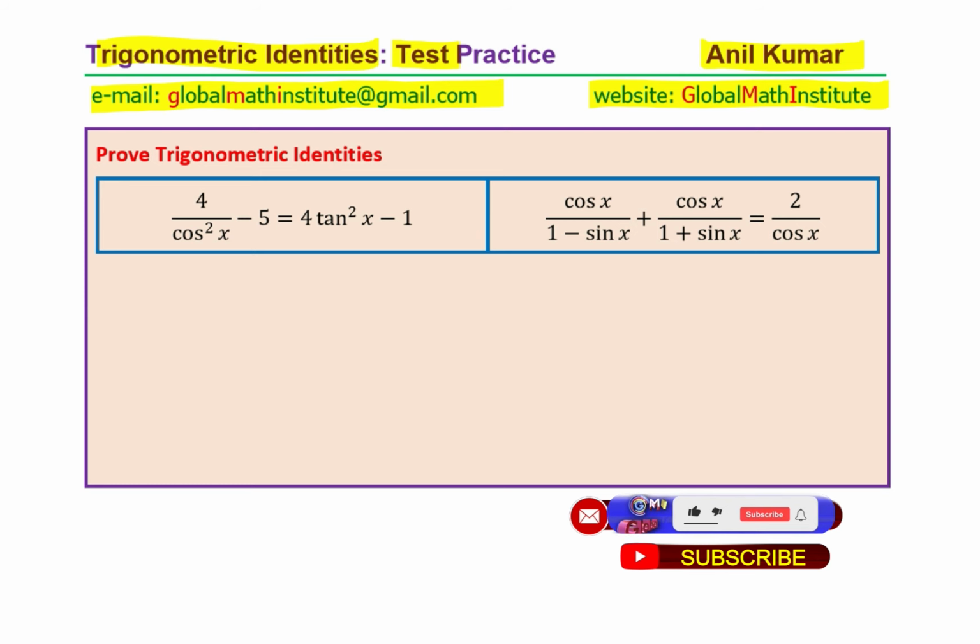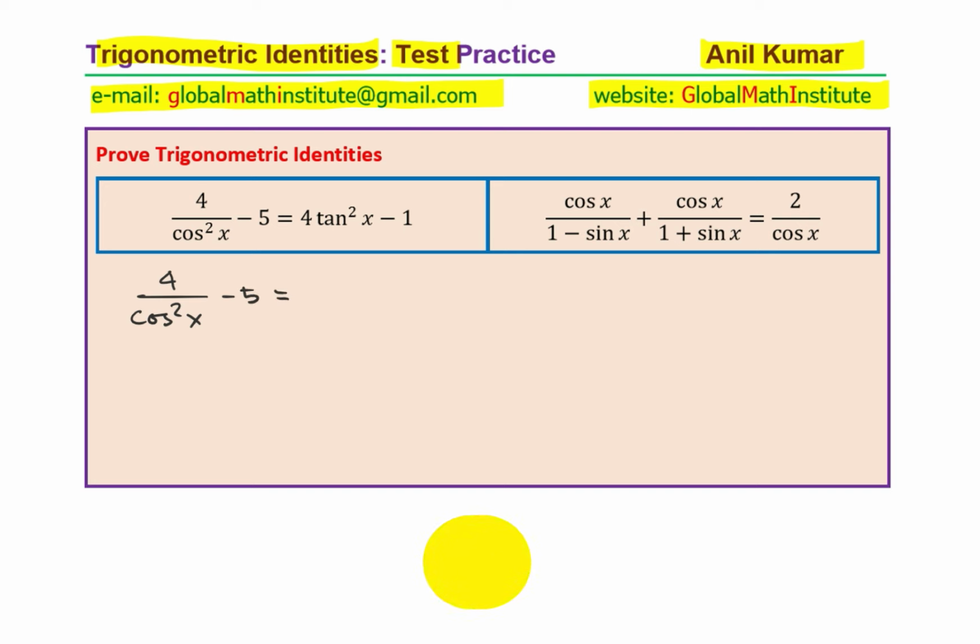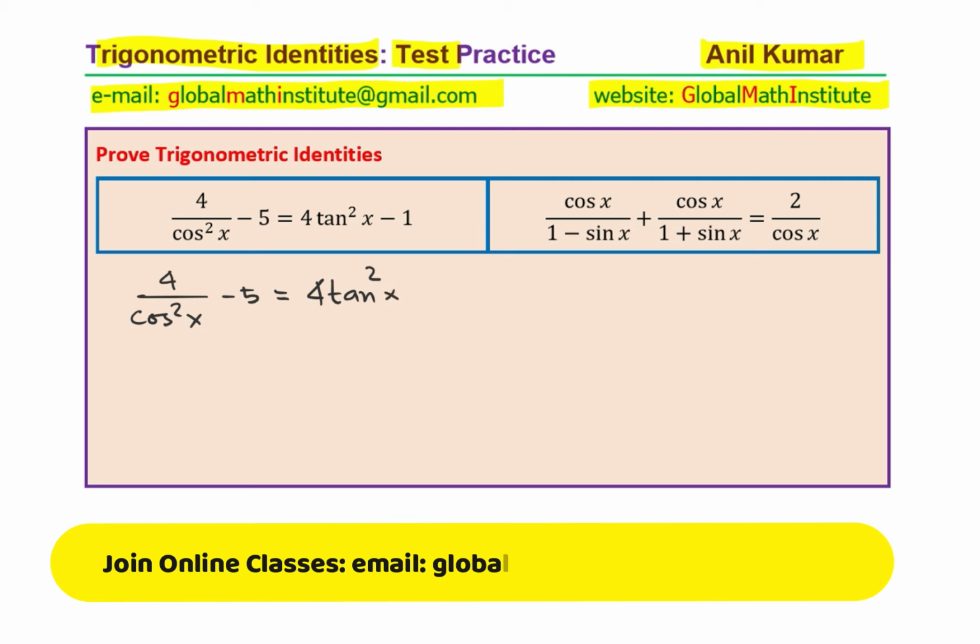So let's begin with the very first one, which is 4 over cos square x minus 5 equals 4 tan square x minus 1. You can actually start with the left side or right side. In this particular case, I'll prefer to go from the left hand side.